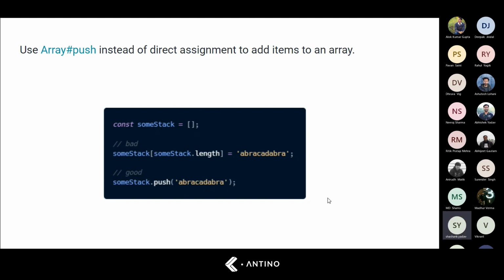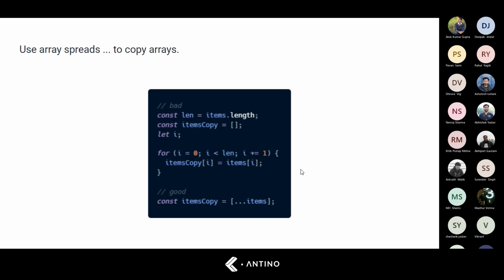Okay, then Vikrant, over to you. Yes, sure. In a similar way to what we discussed in the last few slides about the spread syntax, we can do the similar thing to arrays also. We can use array spreads to make a deep copy of the arrays.